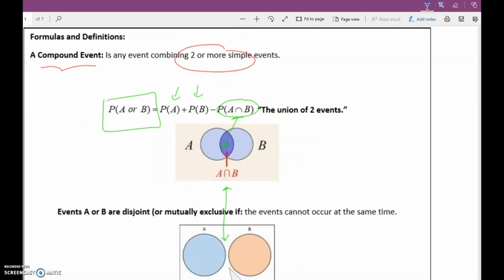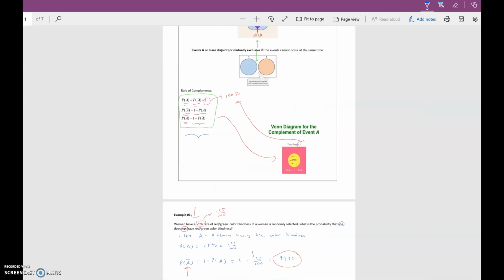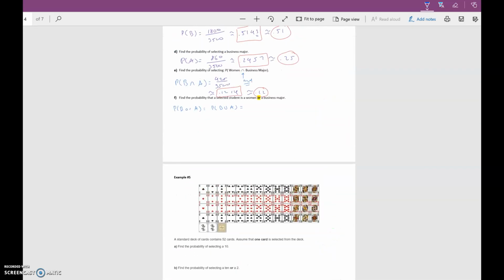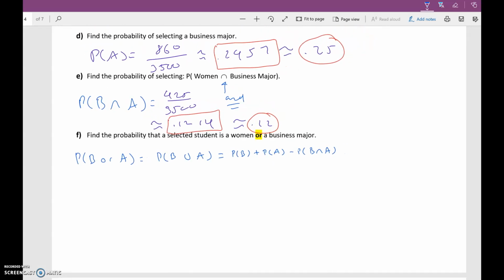So you're looking at this formula for any union event. And in this scenario, you're just going to apply the formula. So this is event B, and this is equivalent to the probability of B plus the probability of A minus the probability of B intersect A. So that's what it represents, the union of both events.